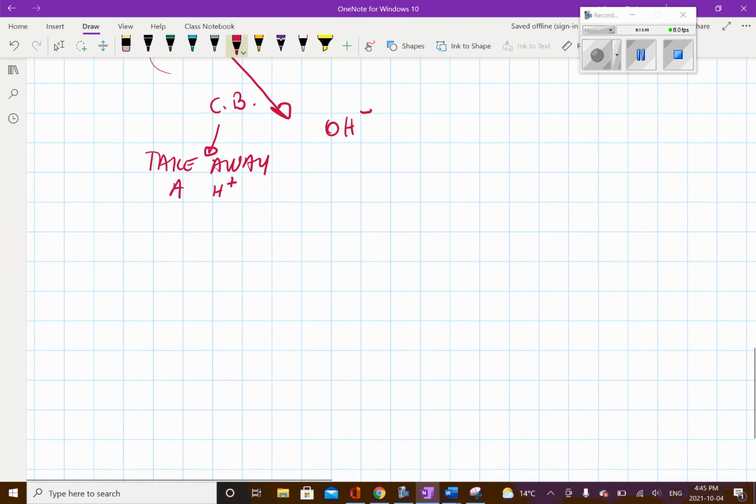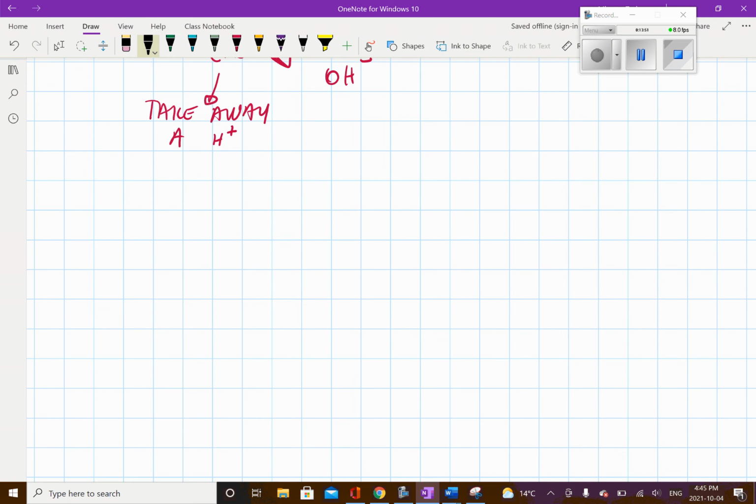Even in the other example that we did, NH3, when we look for its conjugate acid, we add an H plus, and adding an H plus to NH3 gives NH4 plus.